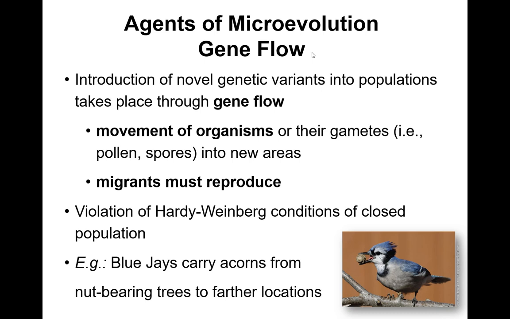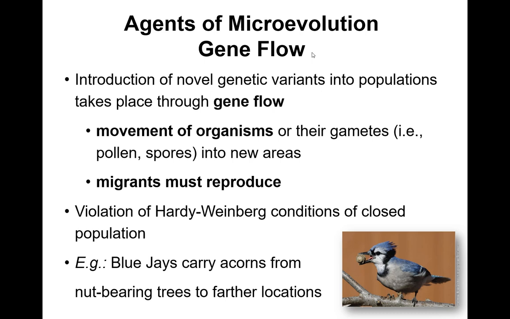So there must be movement of these organisms, and also this material that's moved, whether it's the full organisms or the gametes, must reproduce. Obviously, it must be spreading its genes, therefore changing the frequencies of the variants in its own genetic pool. So obviously, this is a violation of the Hardy-Weinberg condition of a closed population.